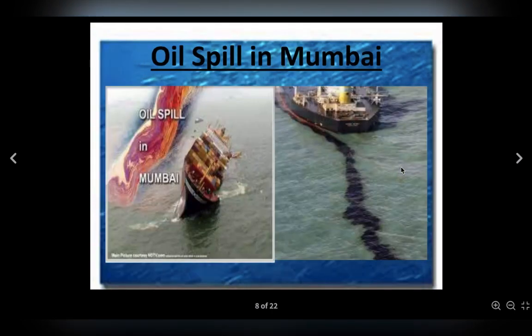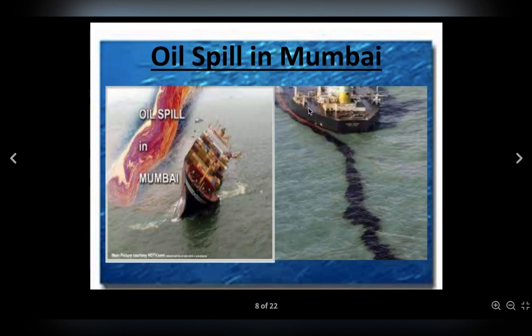Okay? Now, oil spills in Mumbai, in India. Mumbai is in India. There was a time they had this issue, an oil spill in Mumbai, and so many aquatic organisms died. Then the tanker ship also, the ship that carries oil. Apart from the tanker vehicle on land, we have tanker ships that carry oil in the water.